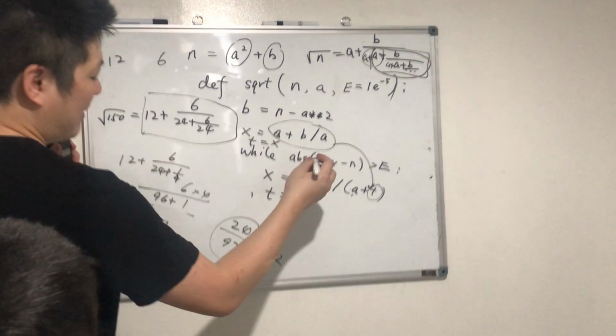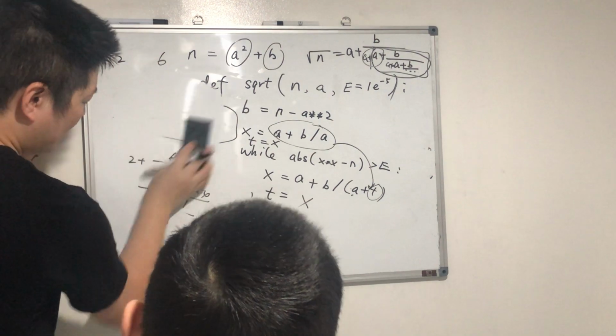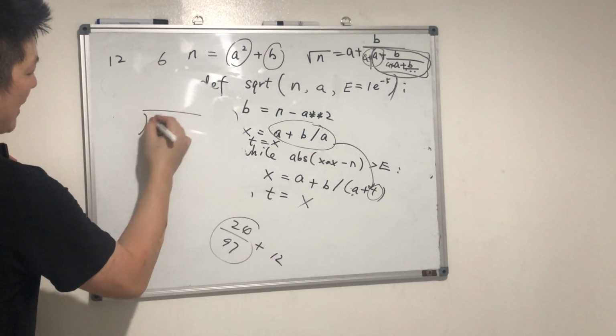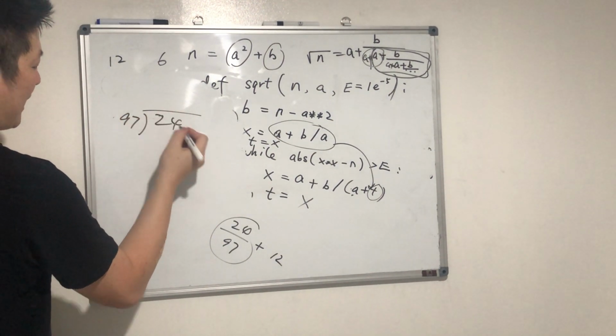Let's try this. 24 divided by 97. What does it equal?